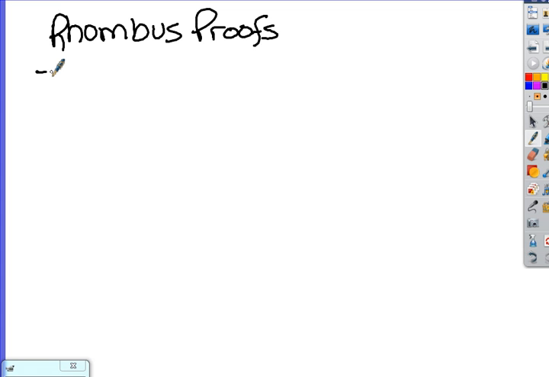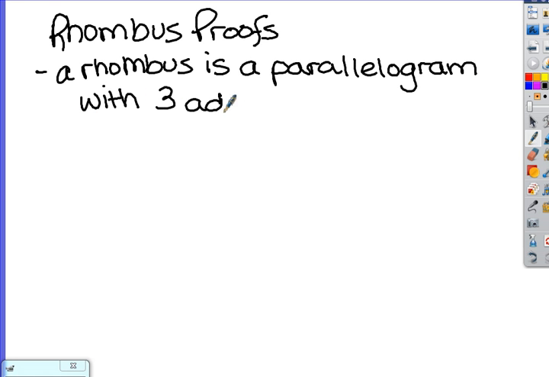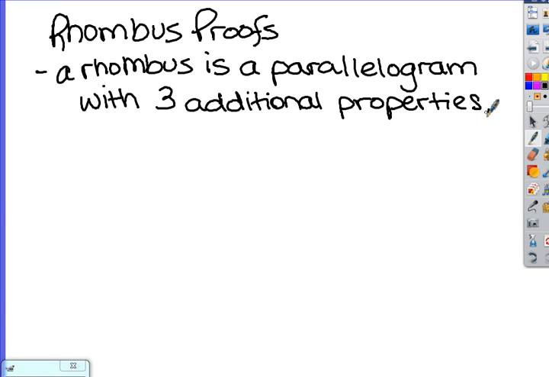First, we need to know that a rhombus is a parallelogram, but it also has 3 additional properties. So in addition to the 4 parallelogram proofs, it has 3 other properties. Property number 1. All 4 sides have equal length.